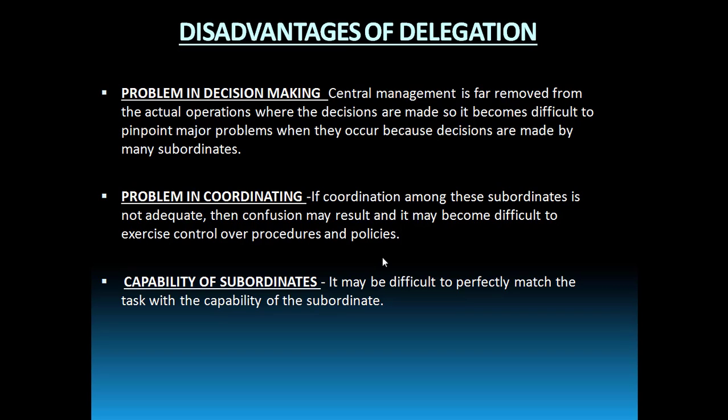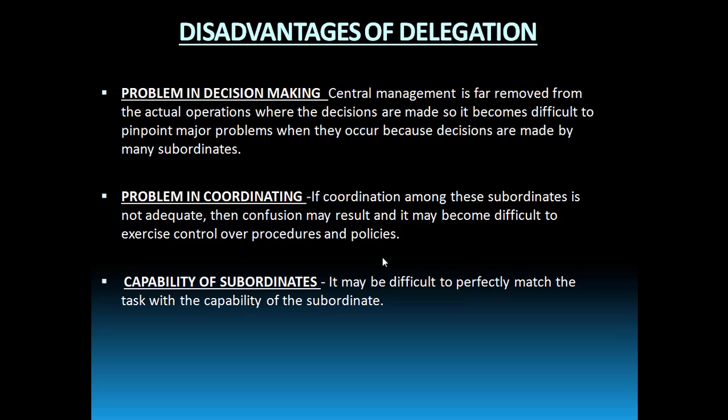So it becomes at times very difficult to pinpoint the major problem when they occur, and the decisions are made by many subordinates. So the manager in totality faces problems in decision making when they delegate their authority, right?